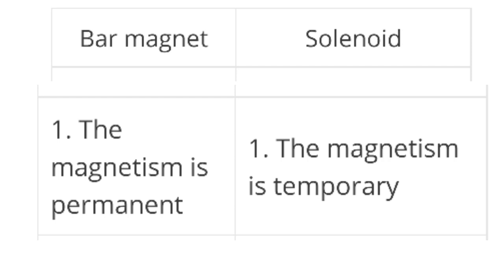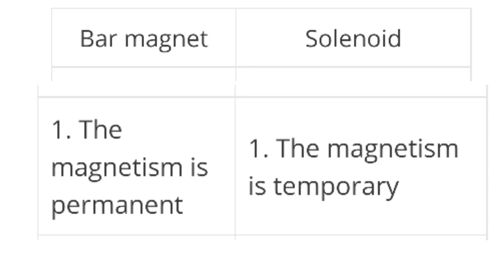In the case of a bar magnet, the magnetism is permanent. It's a permanent magnet. What about a solenoid? Is it a permanent magnet? No, it is a temporary magnet, or the magnetism is temporary. That is, only when current passes through the solenoid, it acts as a magnet.